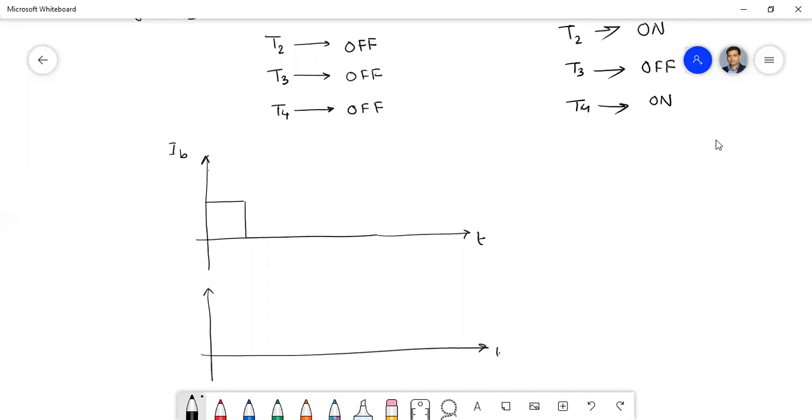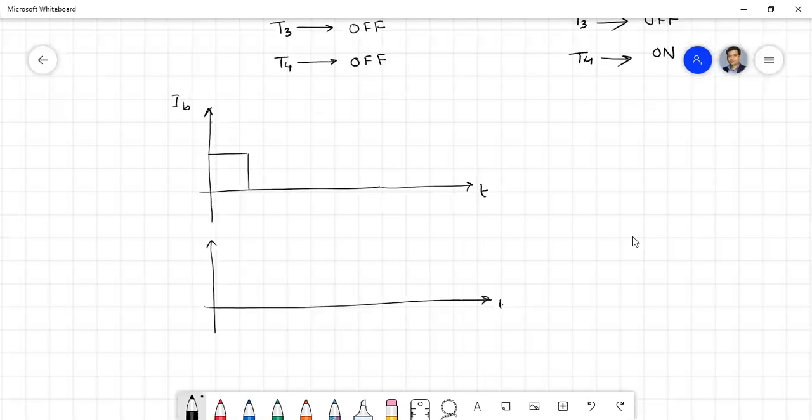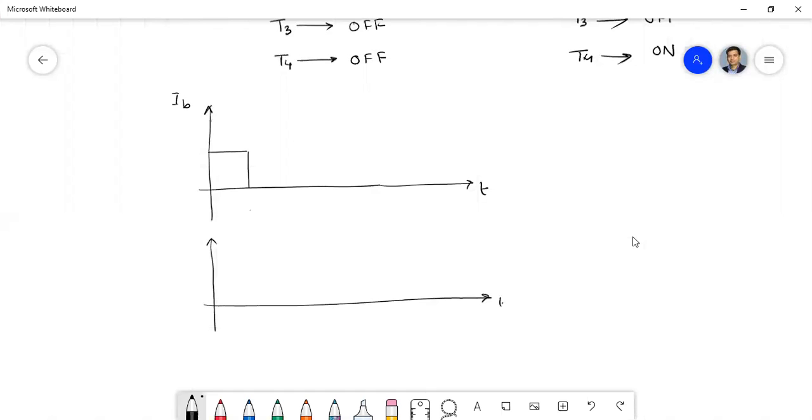I'm just drawing the switch off transient here. It will be off at this instant, but the actual collector current of our transistor will change like this. So this is the off transient for the power transistor.